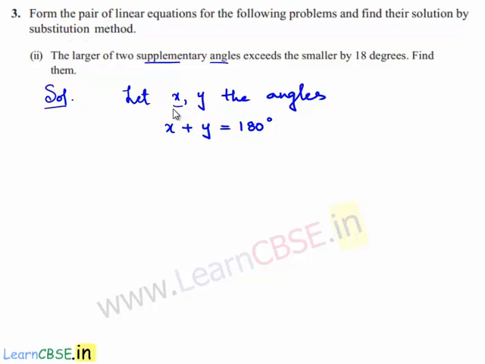Also, the larger of the two supplementary angles exceeds the smaller by 18 degrees. So I assume x be the larger angle. That means x is equal to y plus 18. So we can write x minus y is equal to 18 degrees. So this is equation number 1 and this is equation number 2.